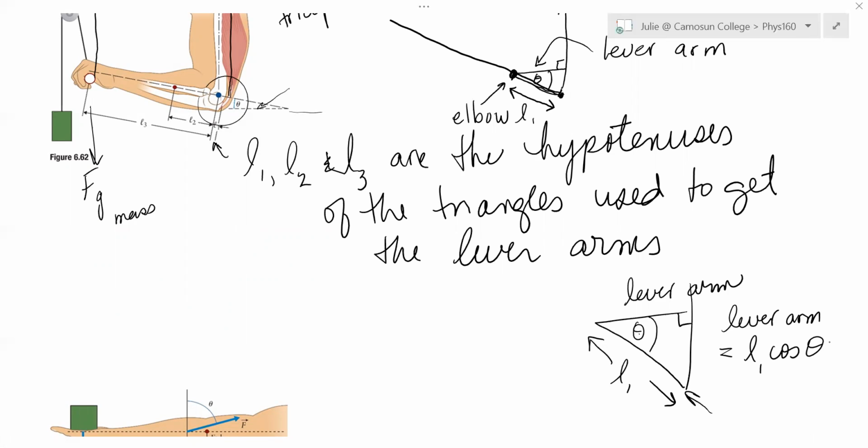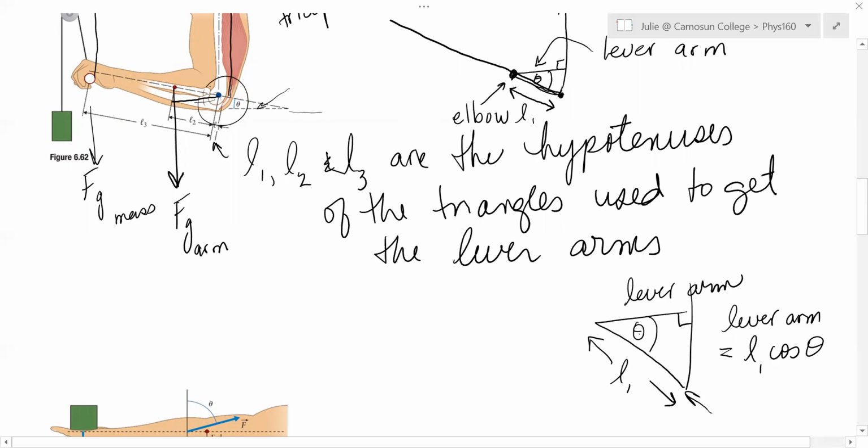And then it's the same for these ones, except now we go across here. There's the lever arm for this force going straight down, which is the weight of your arm.